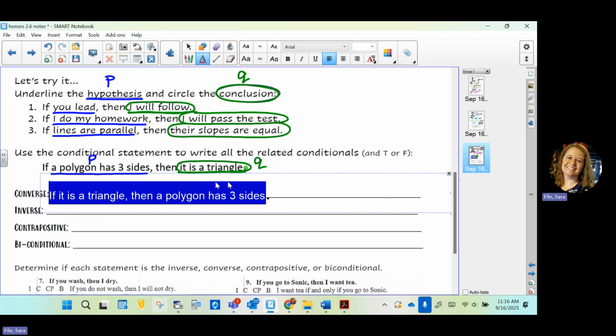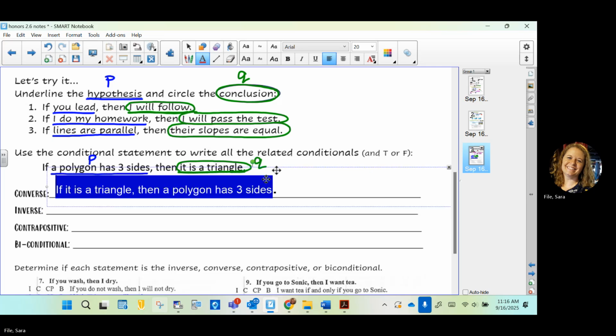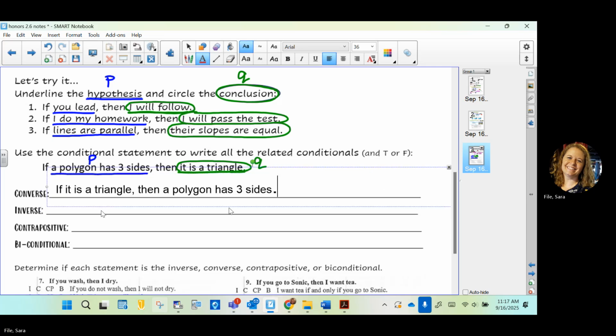Then B, or then A? If it is a triangle, then a polygon has 3 sides. Yeah, you can say B instead of A there. That's fine.